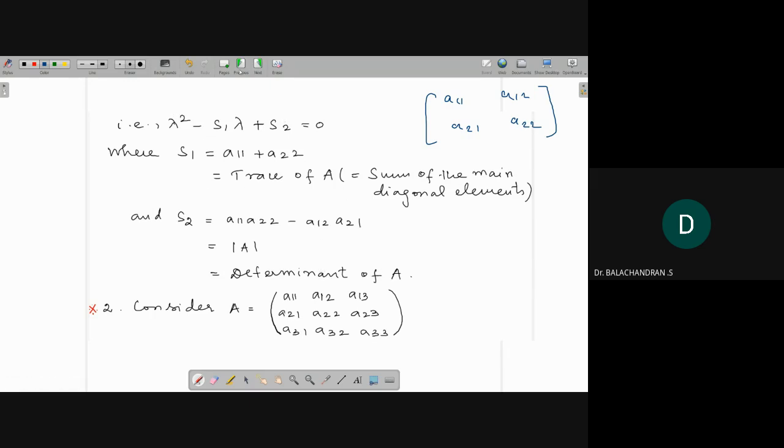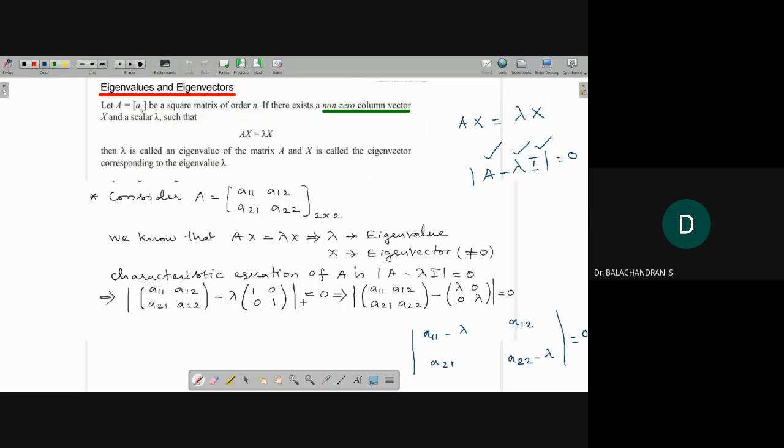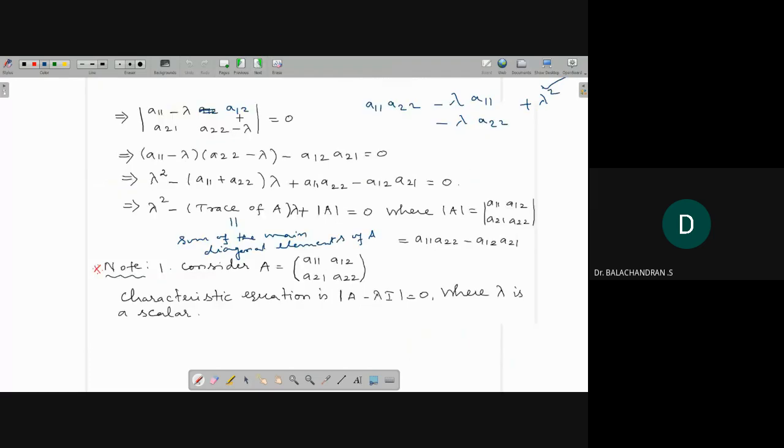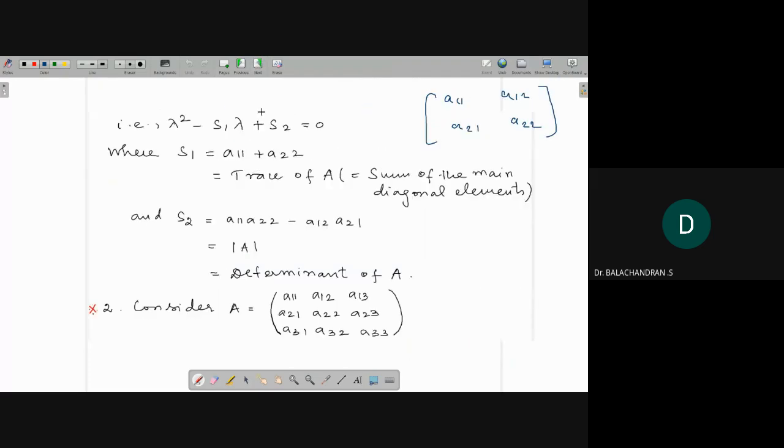So this is the alternate method. Here I wrote the matrix and simplified everything, but like this method also, you can write the characteristic equation of any 2 by 2 matrix. Similarly, for a 3 by 3 matrix, how do we find the characteristic equation?